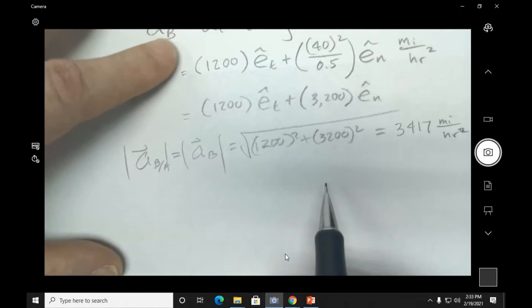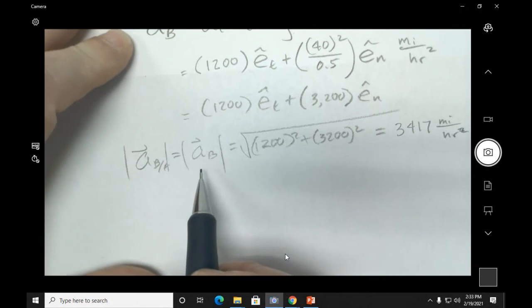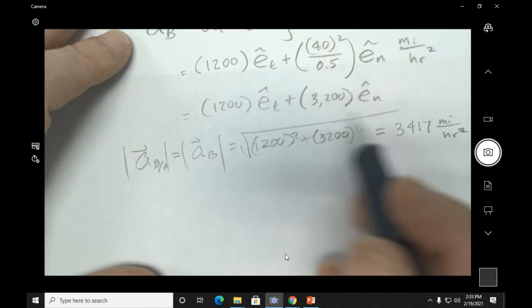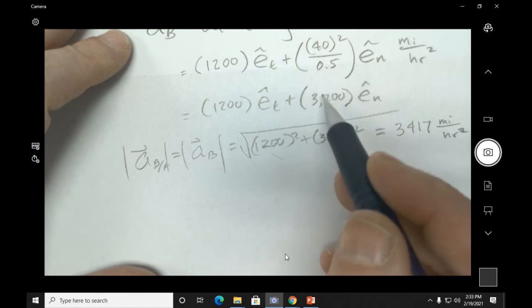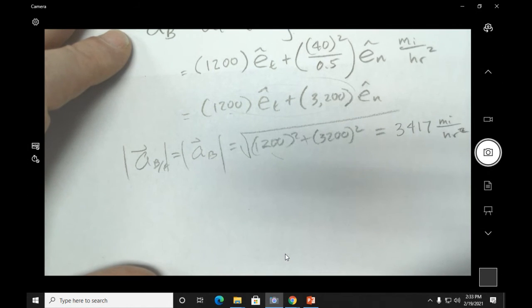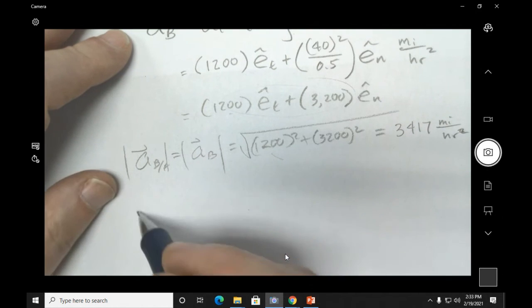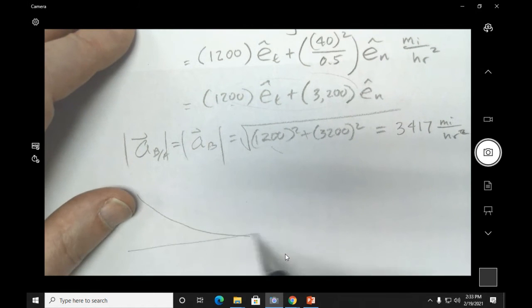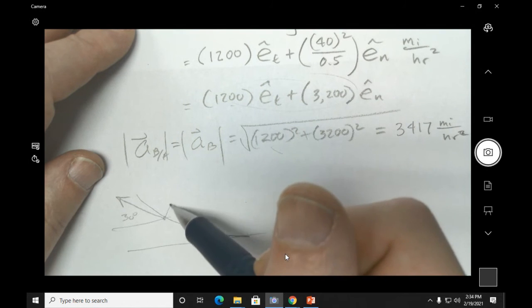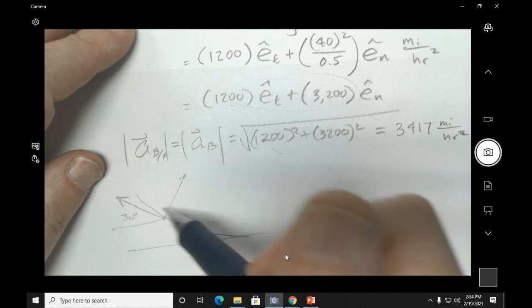But when we go to get the angle, now we have a couple of issues. What we could do is find what the angle of this is going to be and then add it to the 30 degrees, right? So that's something that we could have done, because we have the car traveling right up here, and we know that it's traveling here with the 30 degrees onto the thing. And we know that the normal is right here.